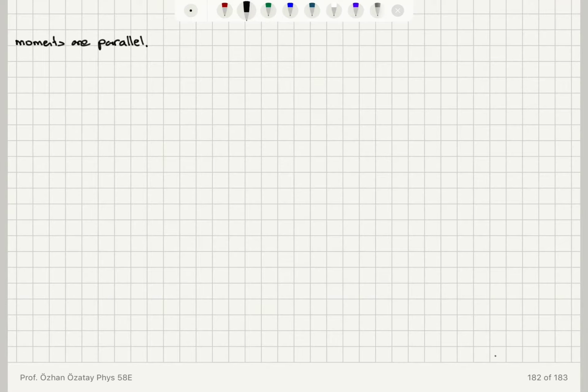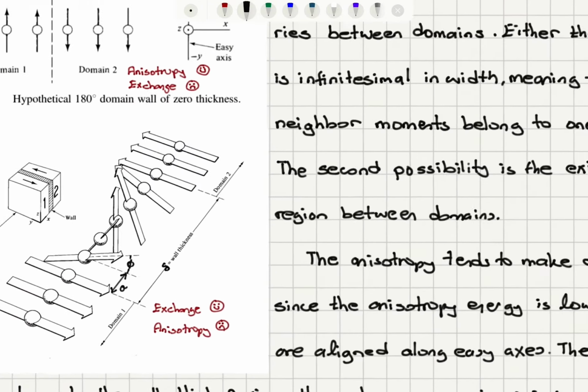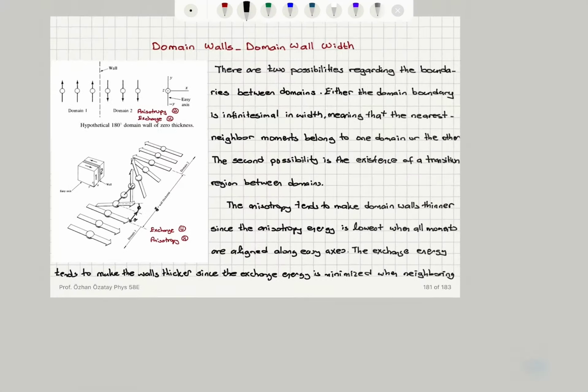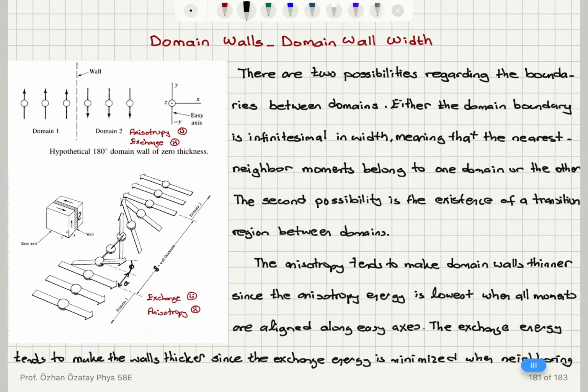Okay, so let's try to find this equilibrium configuration of the domain wall width. As you can see, I call this delta the distance between two domains, the domain wall thickness, and phi is the angle each neighboring moment is making with respect to the previous one.